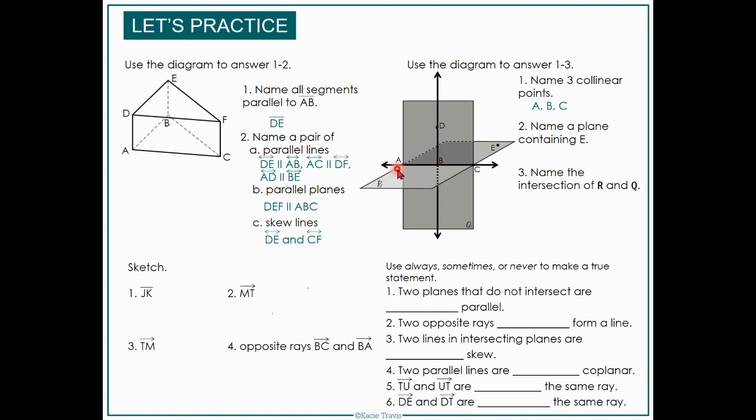In this case, if I used A, B, and C, which all happen to be in a straight line, that doesn't really tell me which of these two planes we're talking about. It doesn't tell me if I'm talking about the up and down plane or the plane that's going from the front to the back. So we have to use either that capital letter or three non-collinear points.